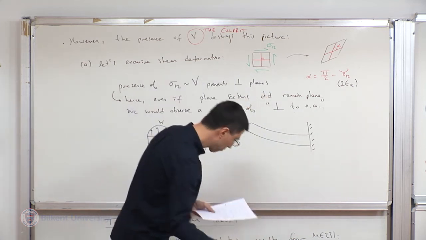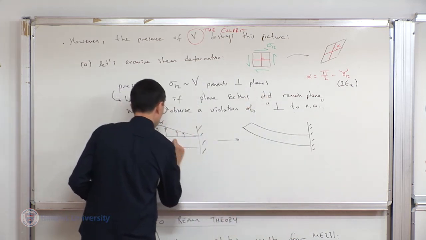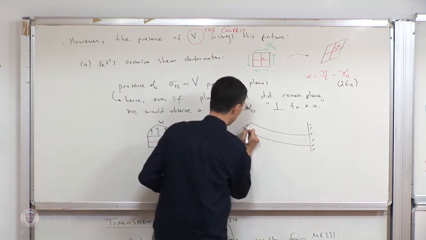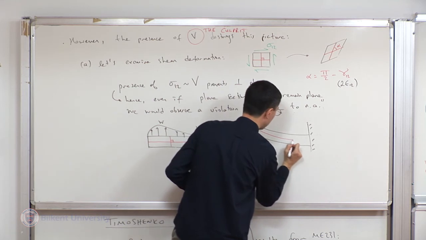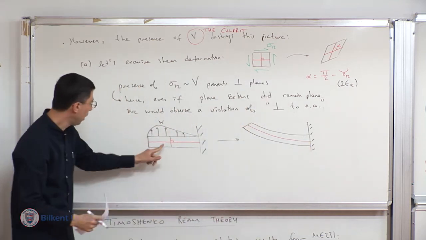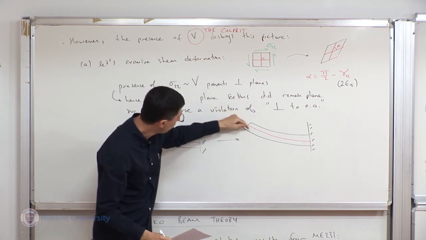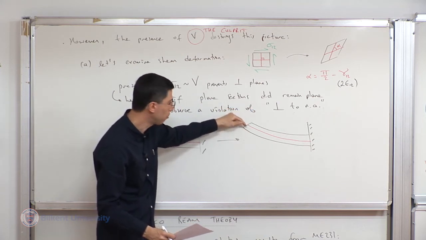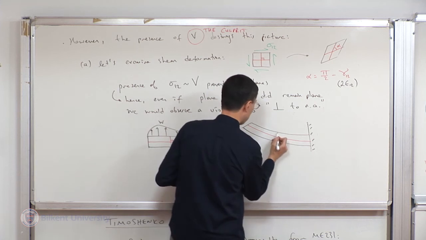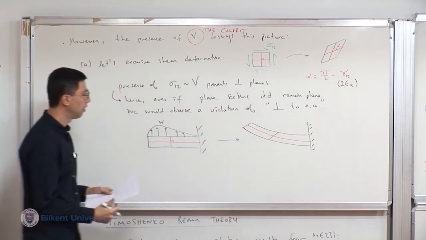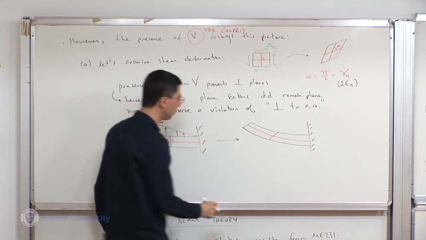I am going to draw the neutral axis at x2 equals 0. And now I'm going to draw this line. Now you already see that perhaps this line is not perpendicular to the red line on purpose. And I'm going to exaggerate the other line on purpose here.